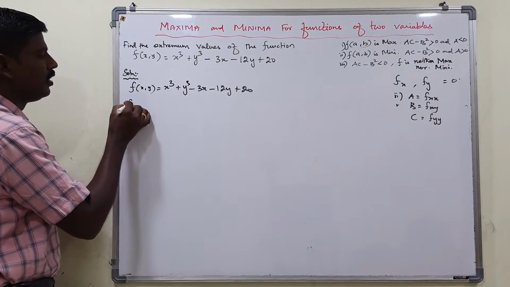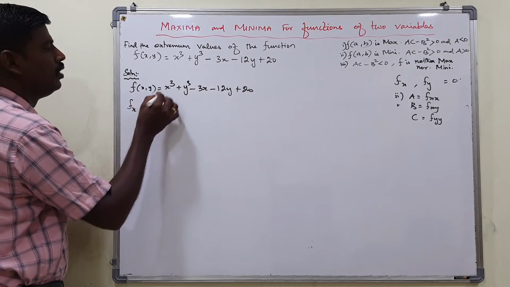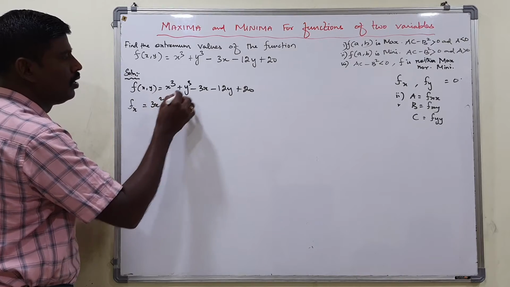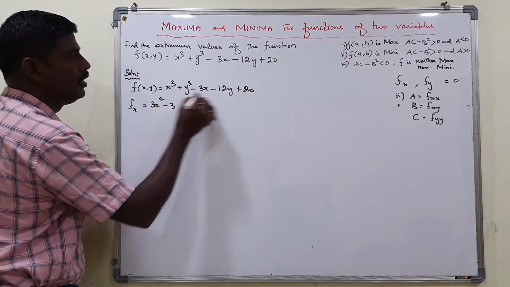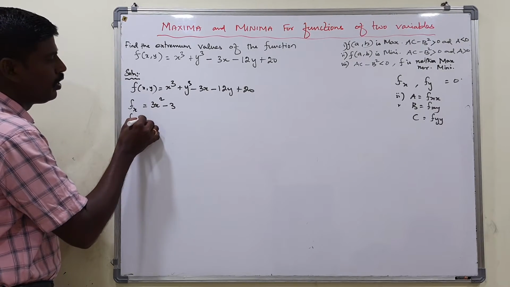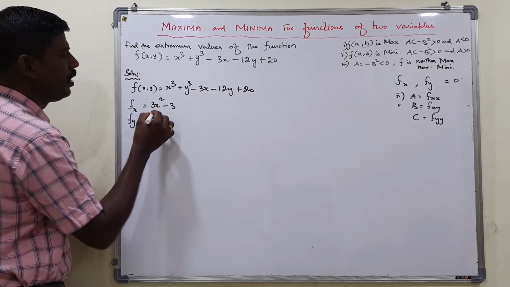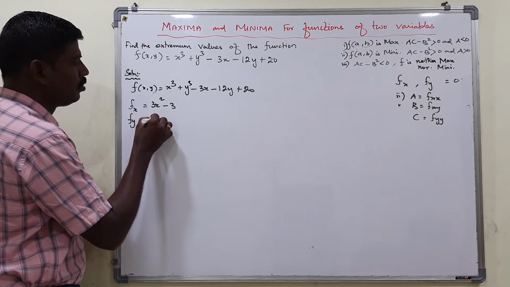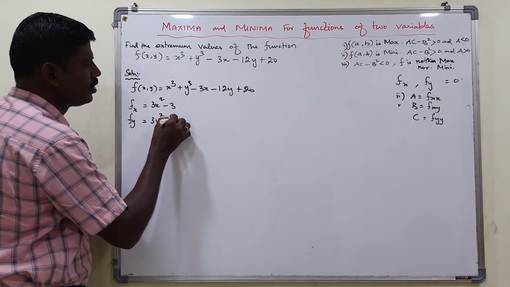First, fx, by taking the partial derivative with respect to x: 3x square, the other terms become 0, minus 3. Next, fy, the partial derivative of f with respect to y: 3y square minus 12.